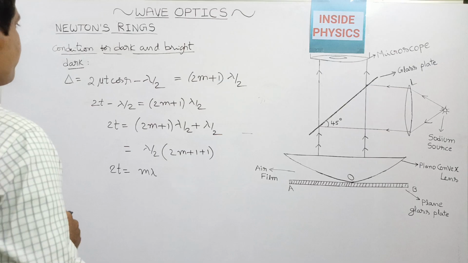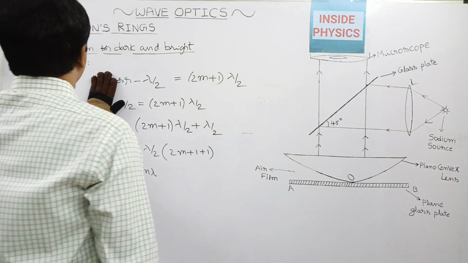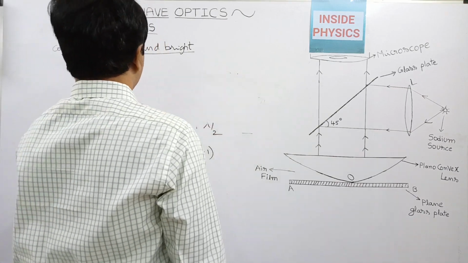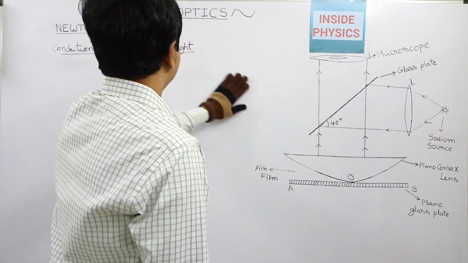In this way we can get the condition for bright and dark fringes. So we understand how the dark and bright fringes are formed compared with the thickness of the air film.